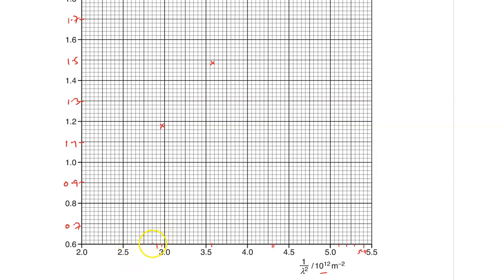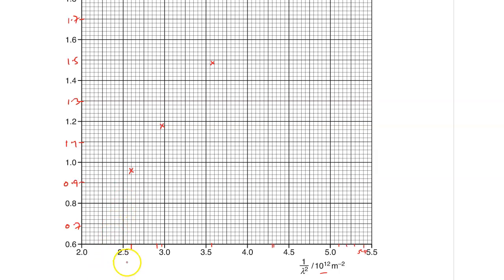Somewhere there. Then the next one is 2.6. 0.6 is there. 2.6. Then it's 0.96. 0.96 is there.